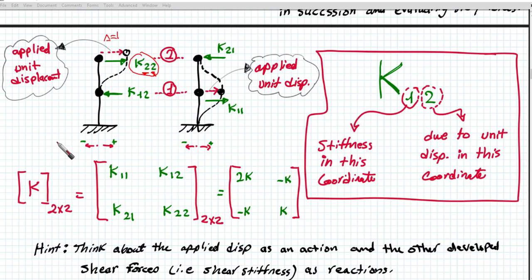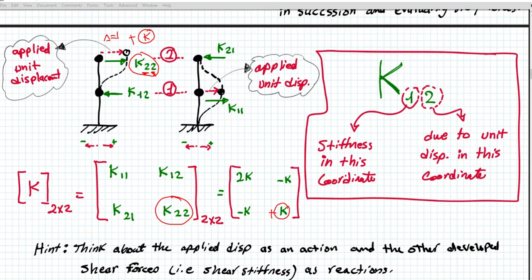So in this case, K22 is equal to K. And what is the sign of it? It is going to be positive. So K22 is going to be K, and as you can see here, it is positive.